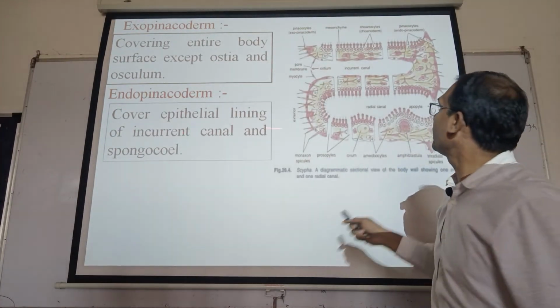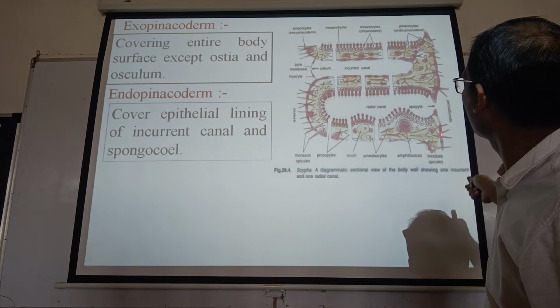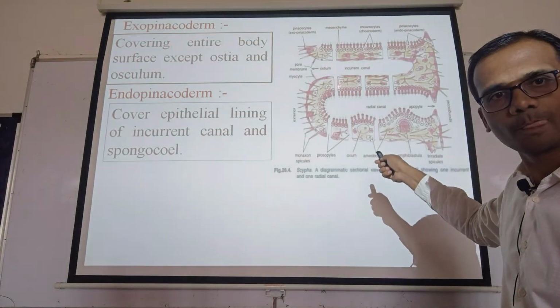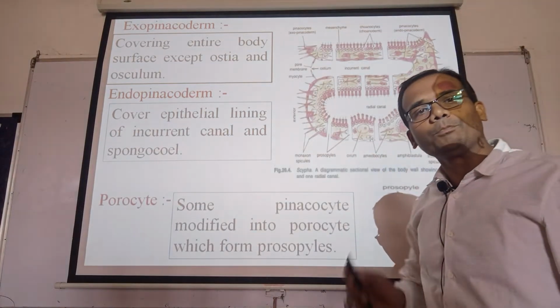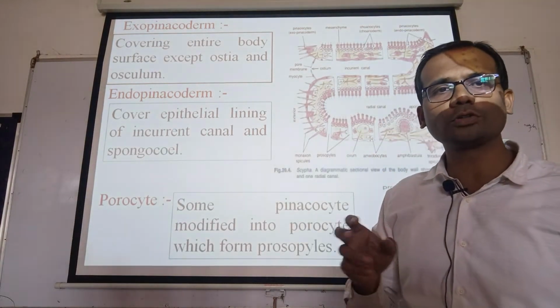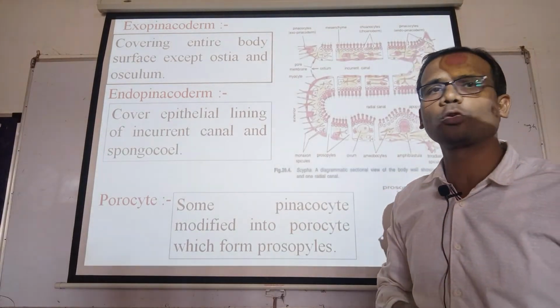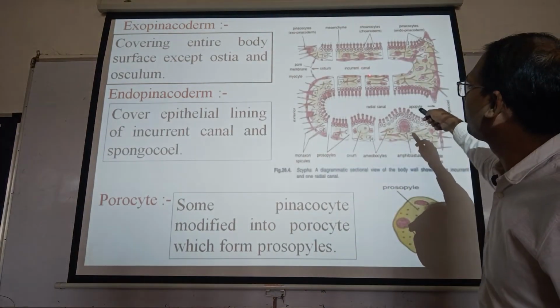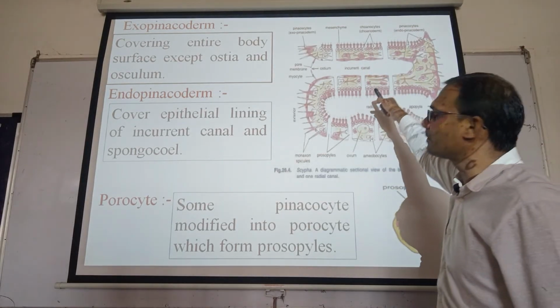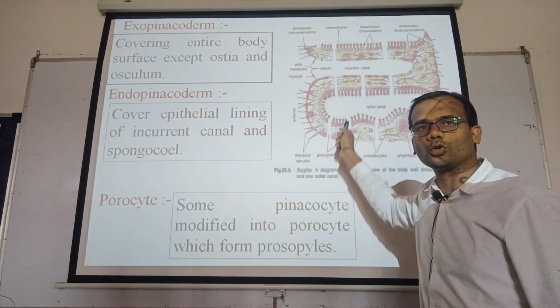The endopinacoderm is present in the spongocoel and the incurrent canal. Some pinacocytes are modified into porocytes, which form the prosopyles. The prosopyles are the openings between the incurrent canal and the radial canal.